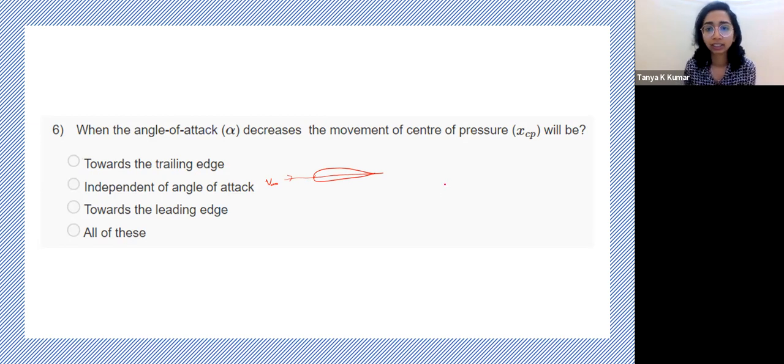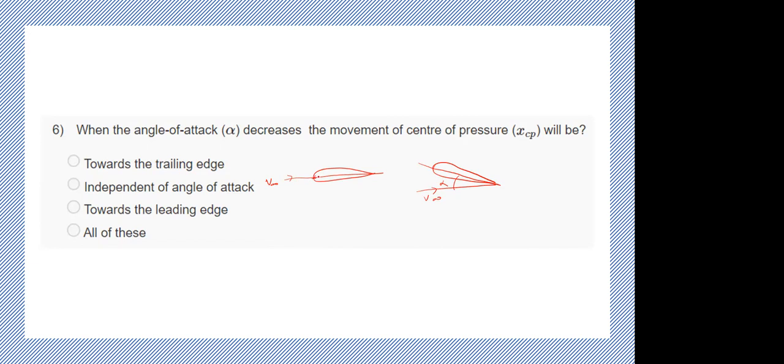Okay. So when I increase the angle of attack, what happens? This is your mean chord line, and this is your free stream velocity, and this is your angle of attack. What happens now? You're right, when it is 0, it hits the leading edge first, right? Yes, ma'am.